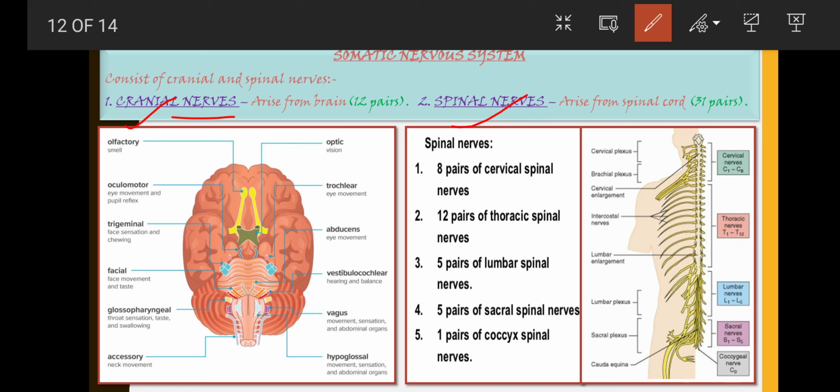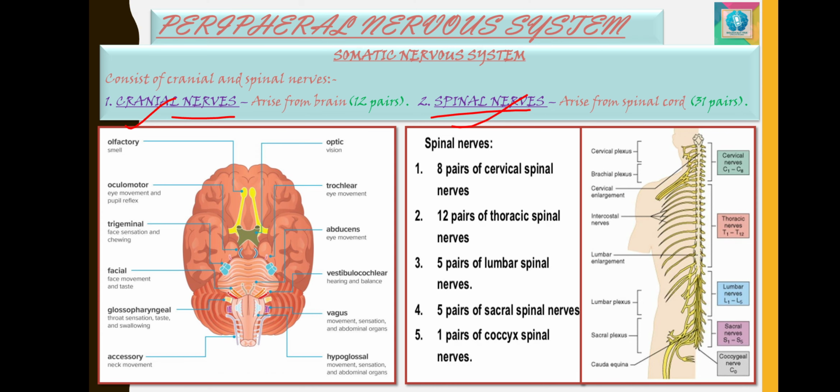The second type of nerve of the somatic nervous system is the spinal nerves. These spinal nerves arise from the spinal cord and there are 31 pairs in the human body. They are classified into the following 5 groups, as shown in the picture also. The first one is the cervical spinal nerves in the neck region, which are 8 pairs.